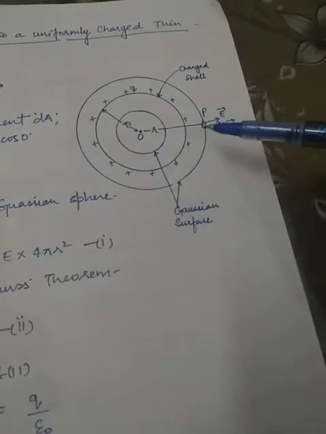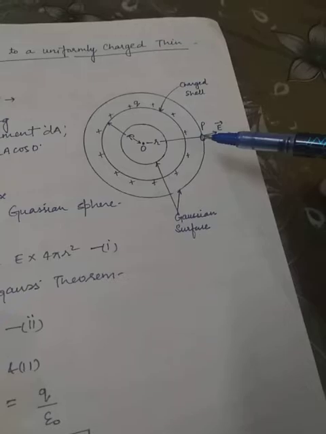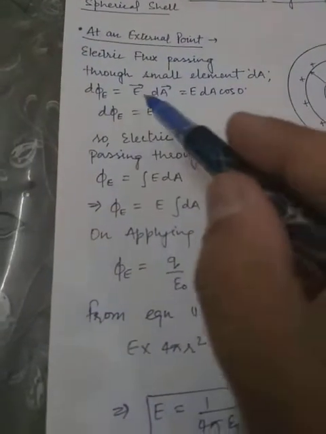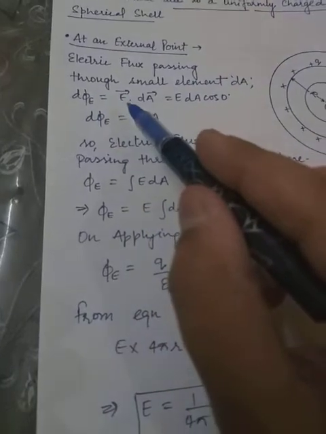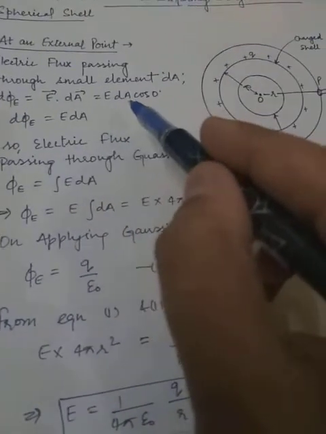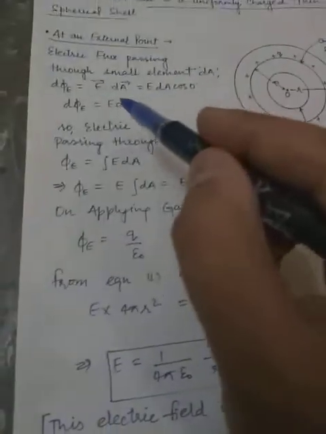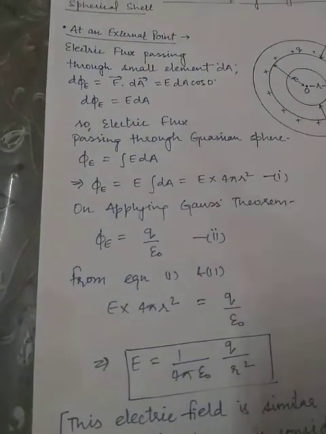We have an elementary area dA, so we are going to determine the flux passing through this elementary area. So d phi E is equal to E vector dot dA vector, E dA cos 0, because they are in the same direction. Cos 0 is 1, so d phi E is equal to E dA.